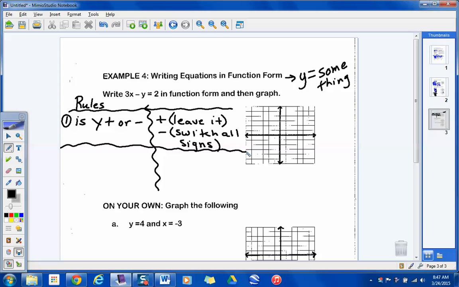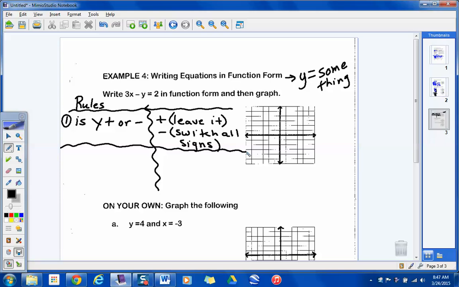Let me show you why we might consider switching signs if something is negative. First of all, guys, when I get y alone, do I want a positive y or a negative y sitting right there? I want a positive 1y sitting there, no negatives. Here's a question up here on the board in green. True or false? True.